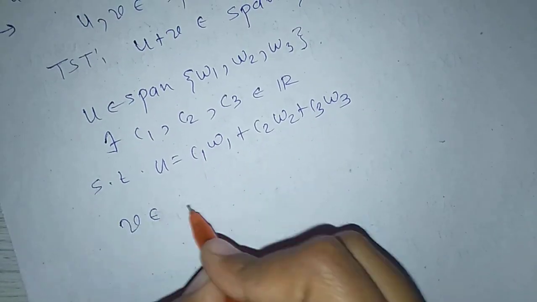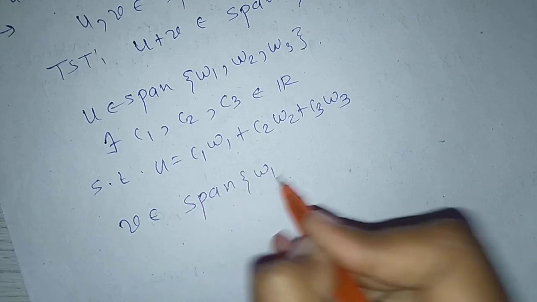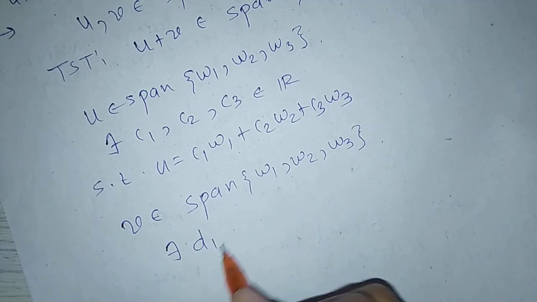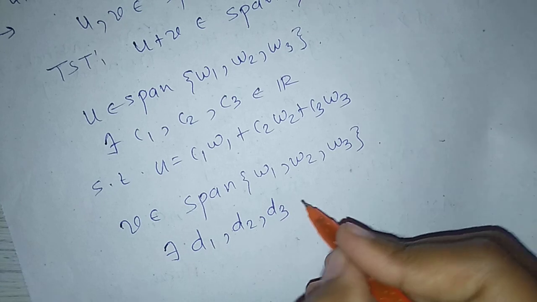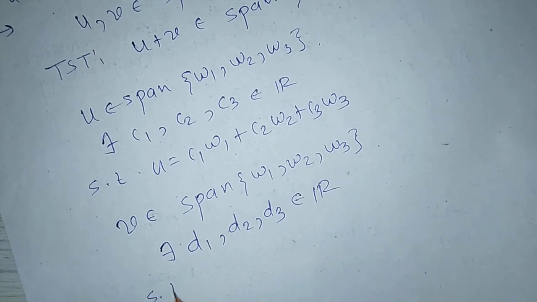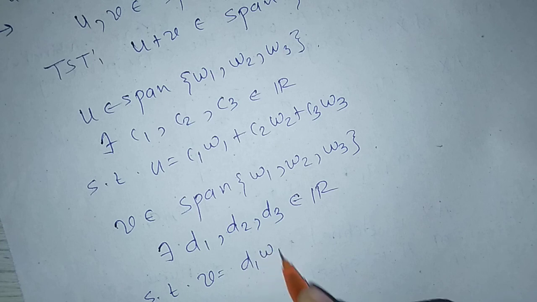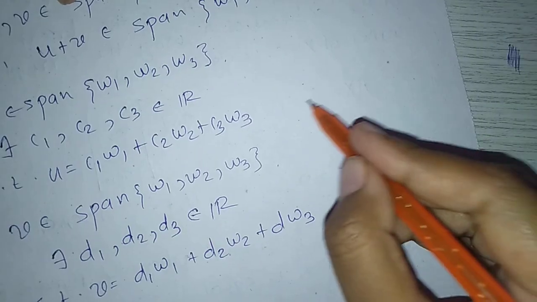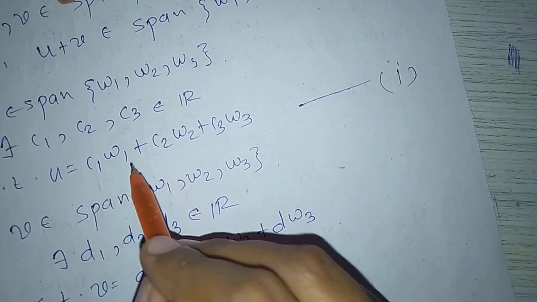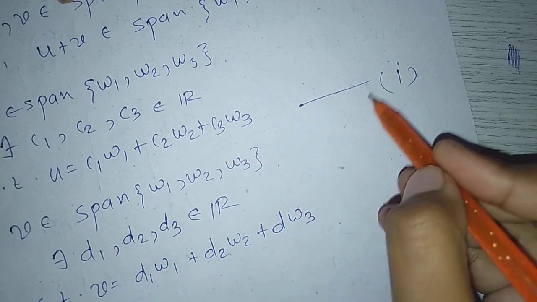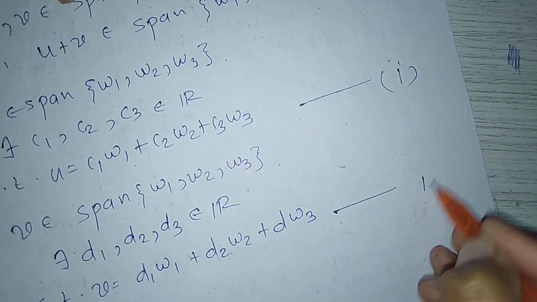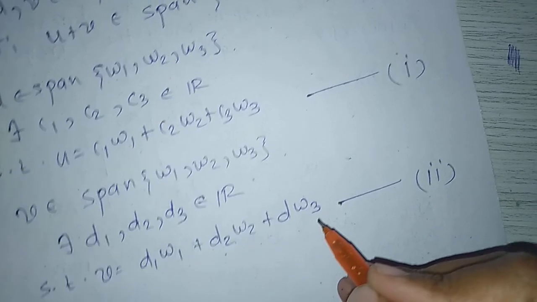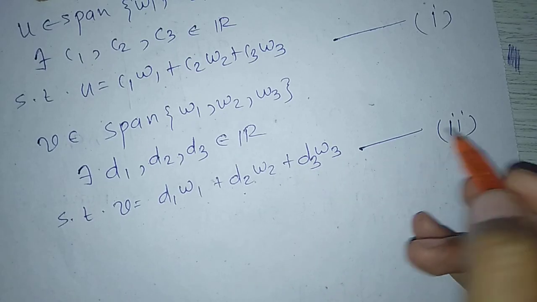Now take V belonging to the span of W1, W2, W3, which means there exist three constants D1, D2, D3 such that V equals D1 W1 plus D2 W2 plus D3 W3. U equals C1 W1 plus C2 W2 plus C3 W3 is equation number 1, and V equals D1 W1 plus D2 W2 plus D3 W3 is equation number 2.